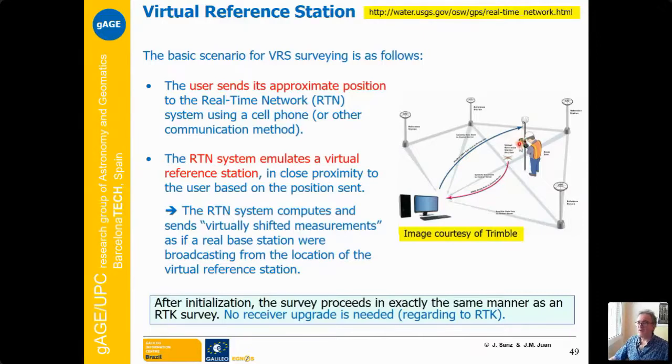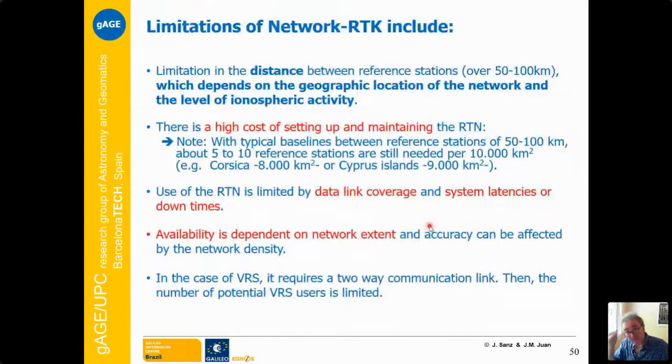This is the idea. Because this station is close, there is no problem with the atmospheric propagation. The atmospheric propagation errors have been estimated by the network. That's it.